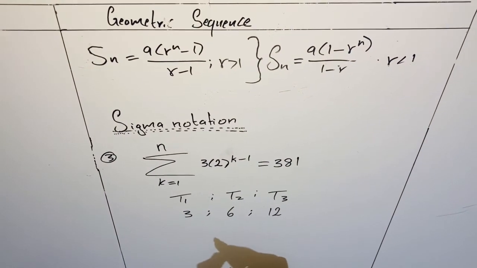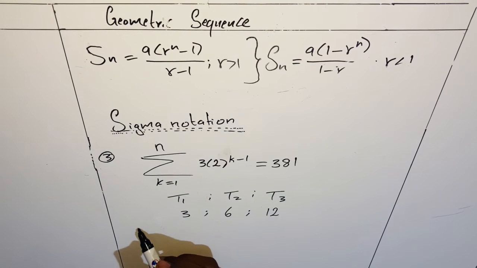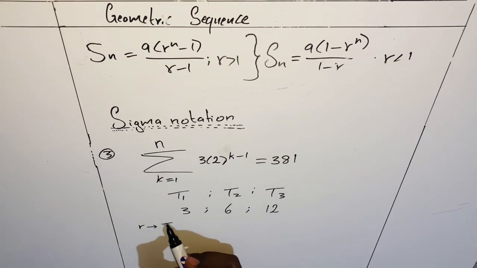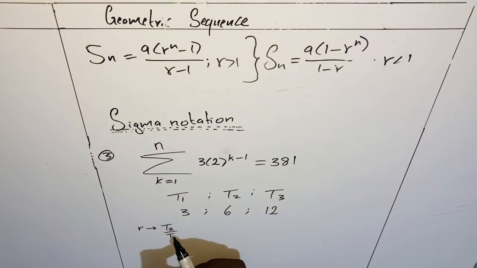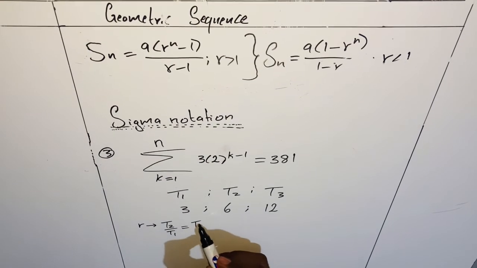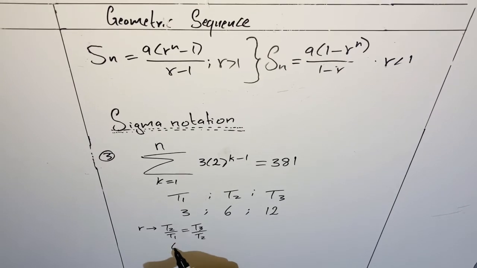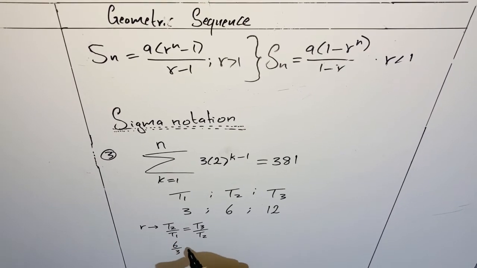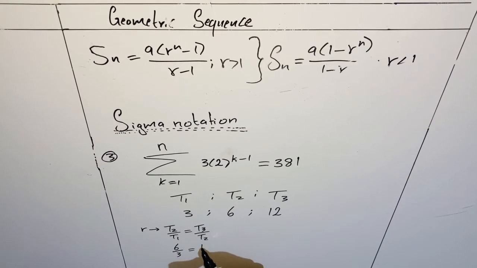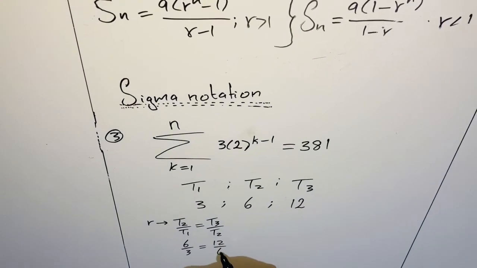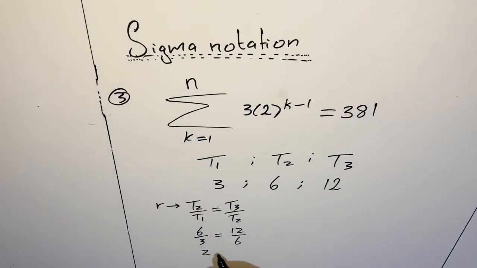Then you go on to use the common ratio formula. My second term is a 6 divided by the first term. My third term is a 12 divided by second term. I get a 2.